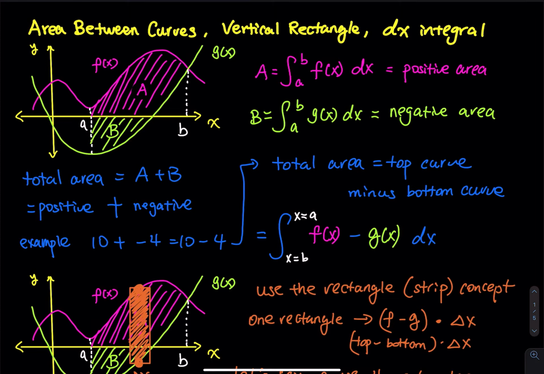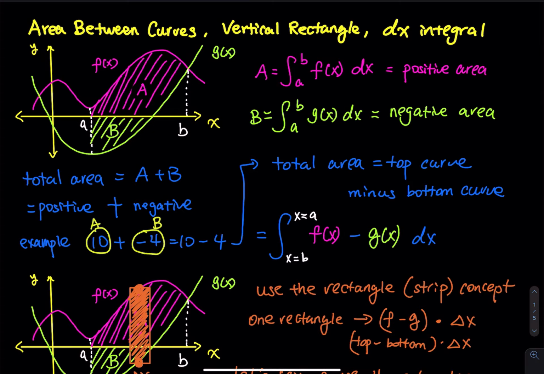What is the total area? You have to look at the notes below the graph, that is the blue handwriting. The total area is equal to region A plus region B, which is, now listen, you take a positive number and then you add another negative number. Let's say, for example, for region A, the area above the x-axis is 10, and for region B, below the x-axis, the area is negative 4.